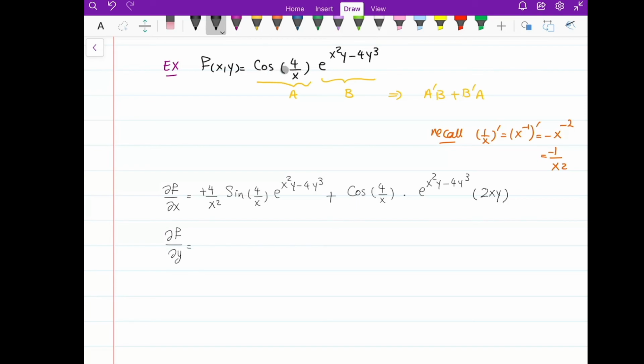The derivative of the first term with respect to y is 0, since it is constant, so it would be 0 plus, now the second term would be cosine of 4 over x times the derivative of the inside with respect to y, which is x squared minus 12y squared, and then e to the power of x squared y minus 4y cubed.